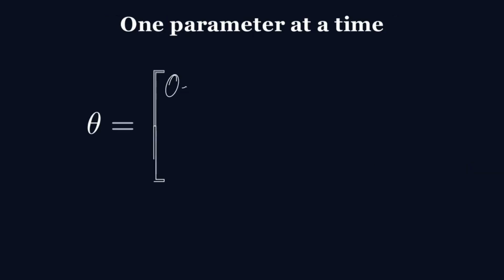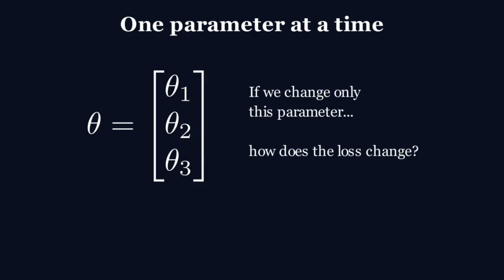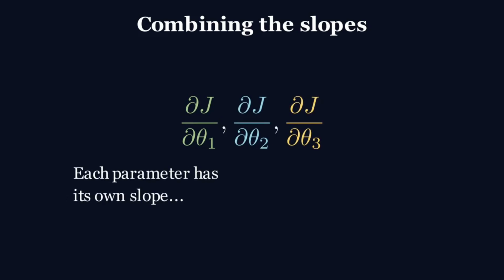But this raises one final question. How do we actually calculate the gradient itself? The answer is surprisingly simple. We calculate the slope, one parameter at a time. For every parameter in our model, we ask the same exact question. If I only change this parameter slightly, how much would the loss change? These are called partial derivatives.